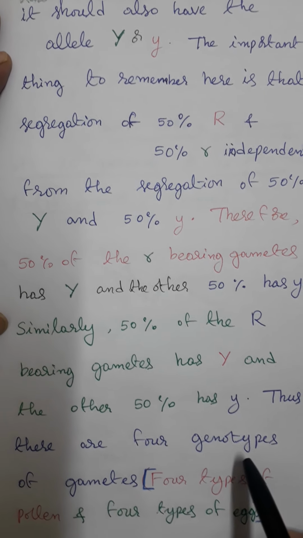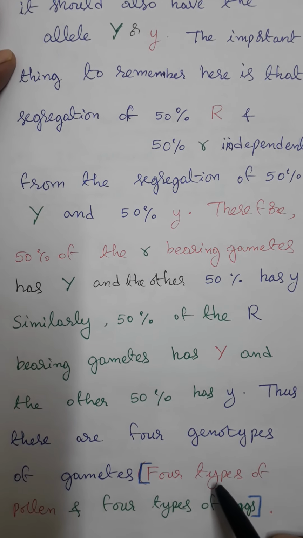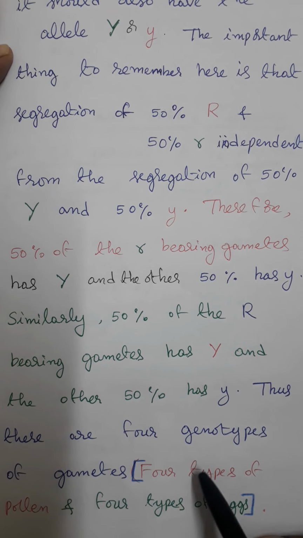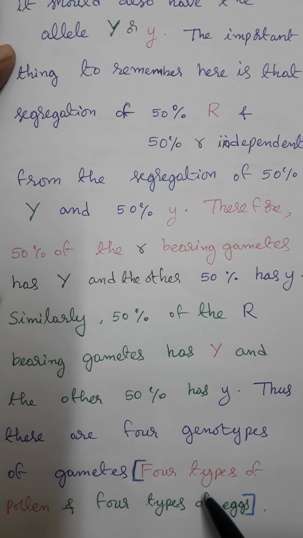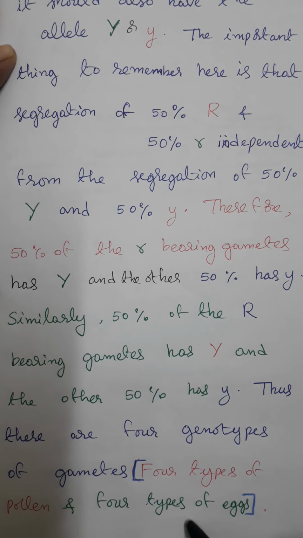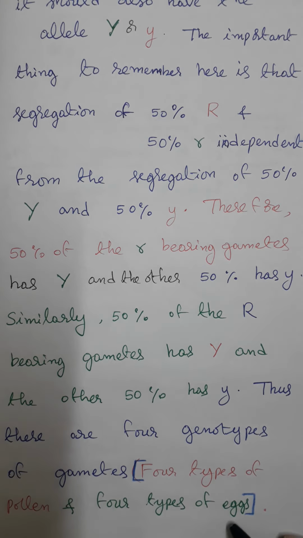Thus, there are four genotypes of gametes: four types of pollen and four types of eggs or female gametes.